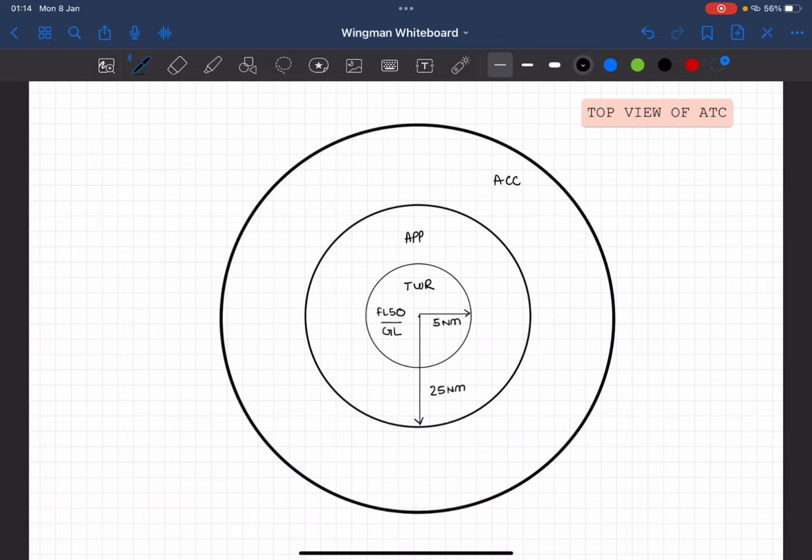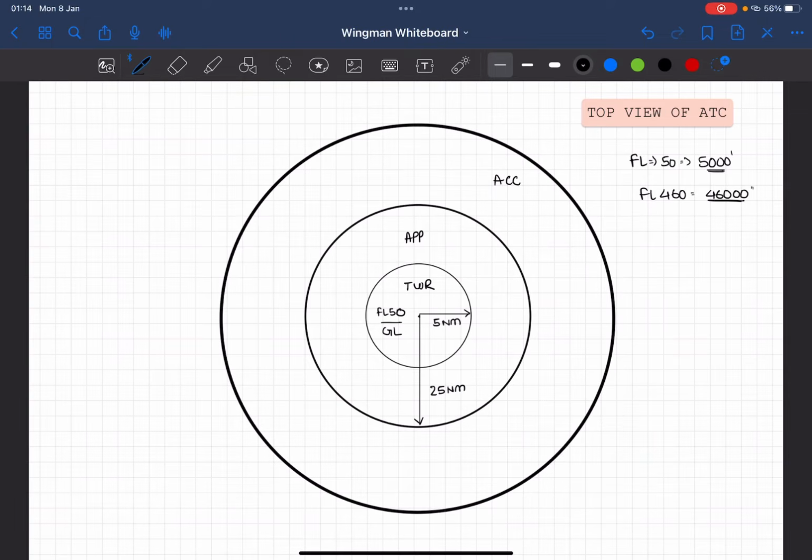Okay, what does flight level mean? Flight level 50 basically means 5,000 feet. Flight level 460 means 46,000 feet. So basically you add two zeros to whatever the flight level is.